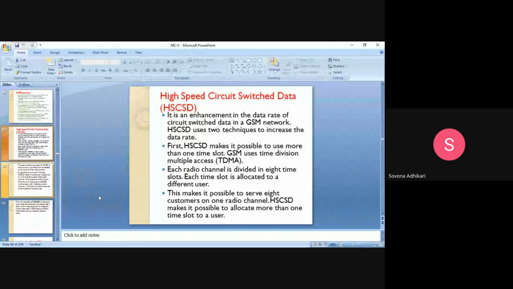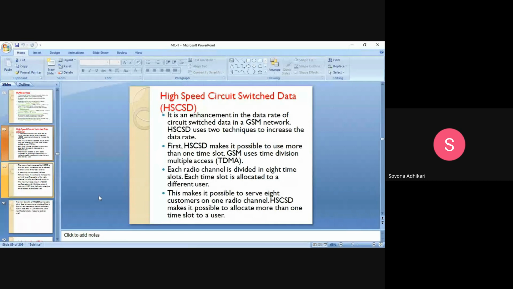Those are: first, it makes it possible to use more than one time slot. GSM uses the time division multiple access method. So you know that when we are discussing GSM, it uses TDMA, time division multiple access. Each radio channel is divided into 8 time slots. Each time slot is allocated to a different user.